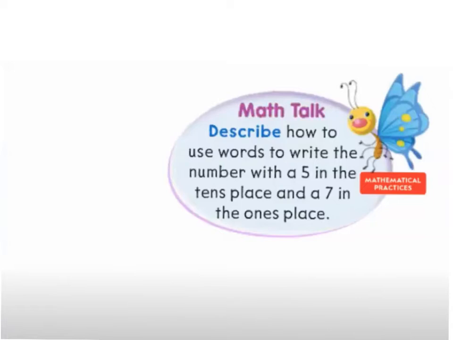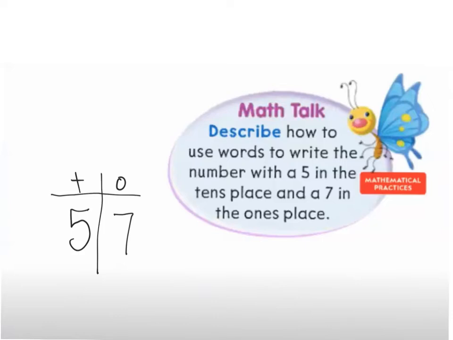Math talk. Describe how to use words to write the number with the 5 in the tens place and a 7 in the ones place. So remember, we can draw a T-chart and label it tens and ones. So 5 in the tens place and a 7 in the ones place.